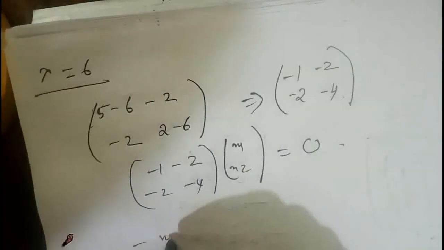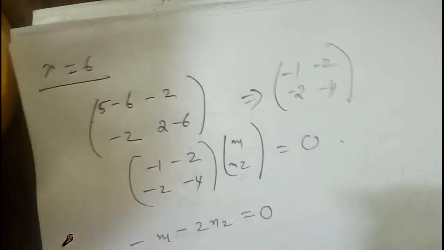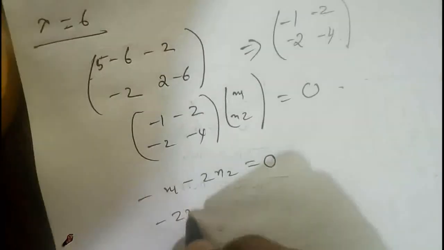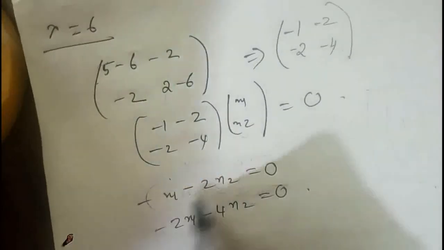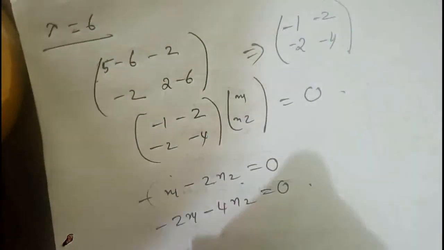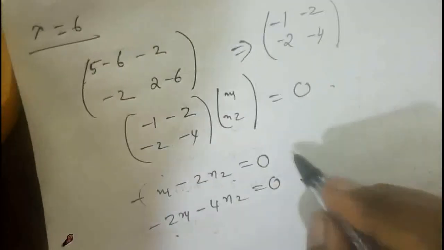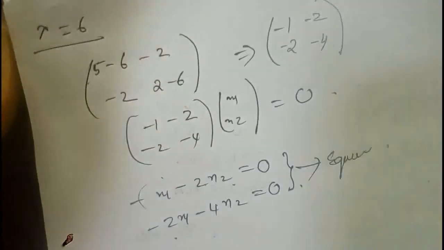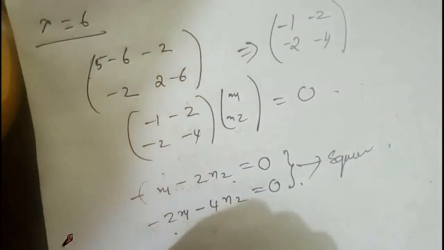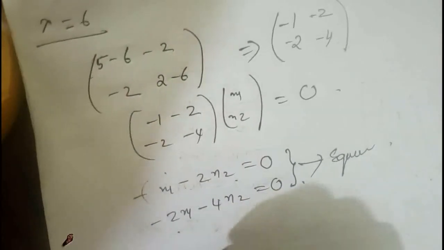So we got minus x1 minus 2x2 equal to 0. Second equation is minus 2x1 minus 4x2 equal to 0. If we multiply the first equation by 2, we get the second equation. So these equations are equivalent, and we only take one equation: minus x1 minus 2x2 equal to 0.